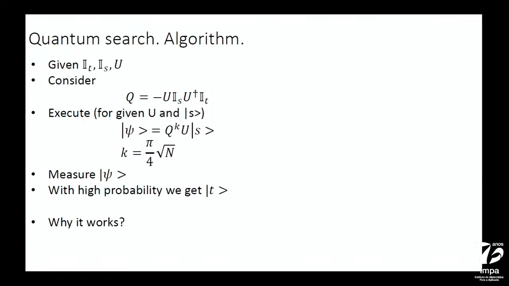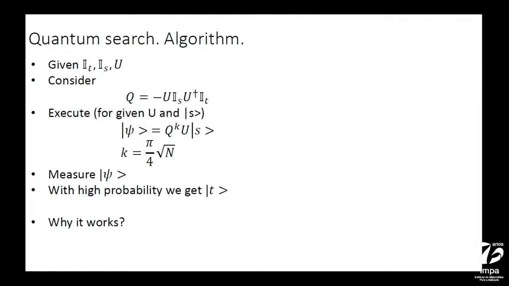In any case, we multiply by some constant pi over 4, so we should not expect this to be an integer. We would take the integer closest to it, not necessarily smaller or bigger, just something close to it. This is enough. After this we can measure all the qubits, and with high probability we will get T.